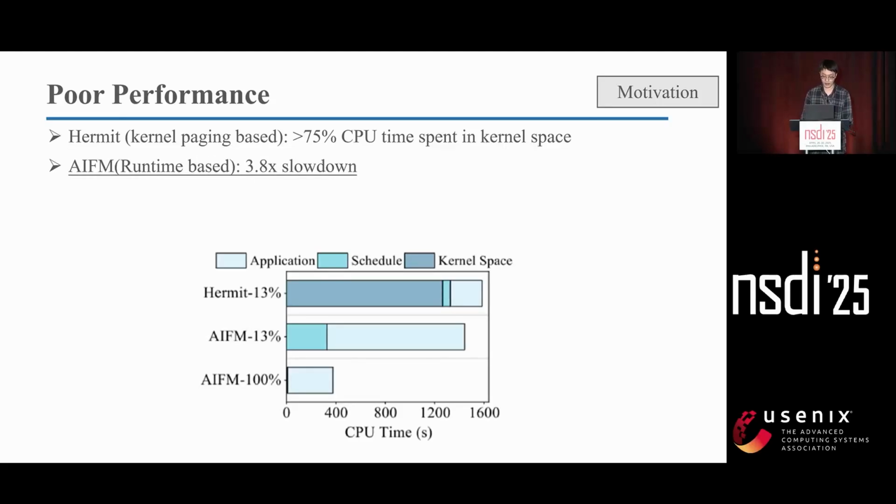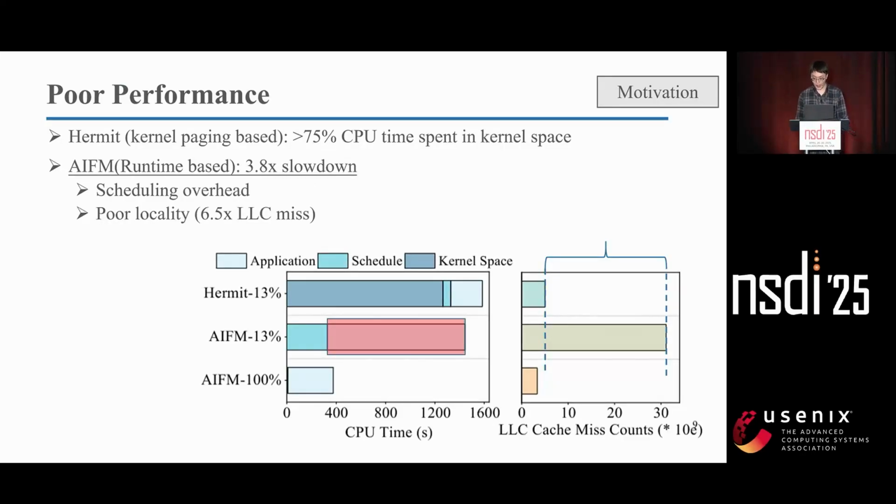On the other hand, AIFM, the runtime-based system which bypasses the kernel, also shows significant application slowdown. One reason is the scheduling overhead, because each access to remote memory triggers a thread switch.